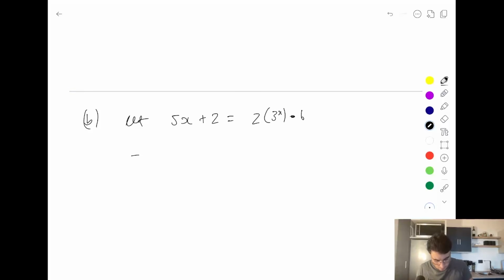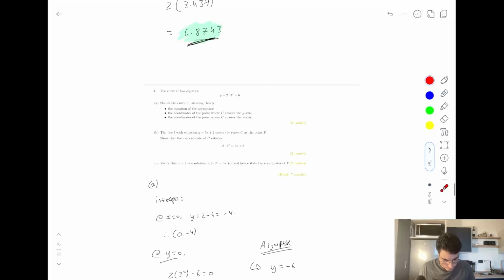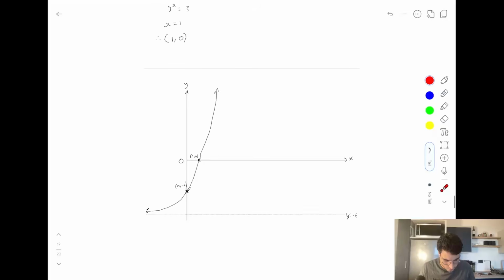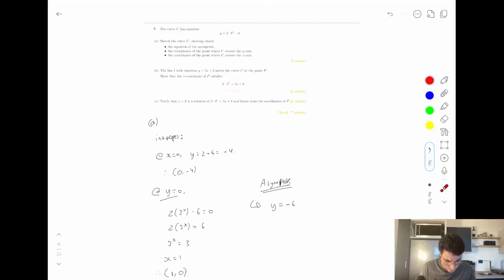Well, 5x then is going to equal 2 times 3 to the x minus 8, which means that 5x plus 8 is equal to 2 times 3 to the x. That's exactly what they wanted.